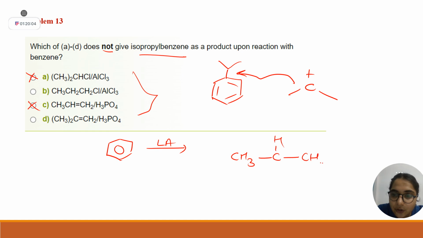As per Markovnikov rule, where the positive charge is stable, protonation will occur here, and this is your isopropyl cation. So option C can give the product, therefore it is not the answer. Option D can also give it. So the correct answer is option B. Yes or no?